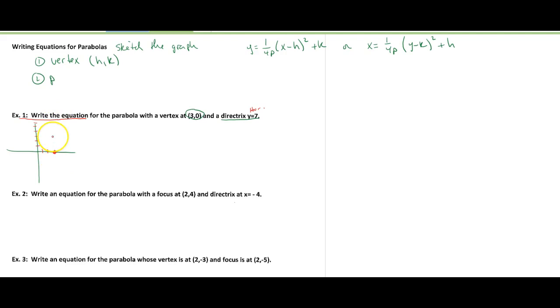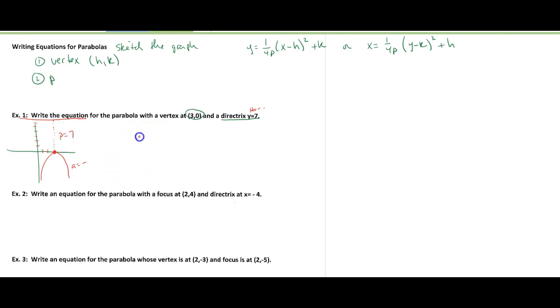If the line of directrix is there, you know your parabola is going to open this way, which tells you a is going to be negative. Now, what is the distance? The distance from the line of directrix to the vertex gives you p, and p here is going to be 7.